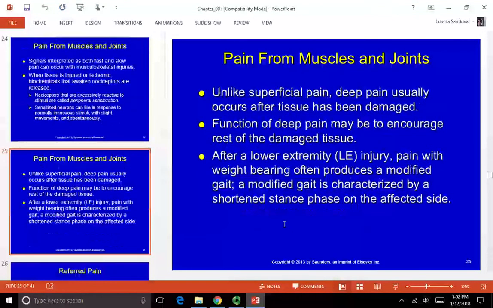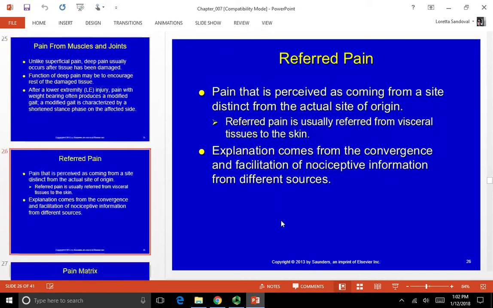Okay? Unlike superficial pain, deep pain usually occurs after tissue damage, and the biological function of deep pain may be to encourage the rest of damaged tissue. So that's why we get that antalgic gait, because our brain goes, oh, I better rest those tissues, I've got some pain going on. That's really the reason for that antalgic gait.